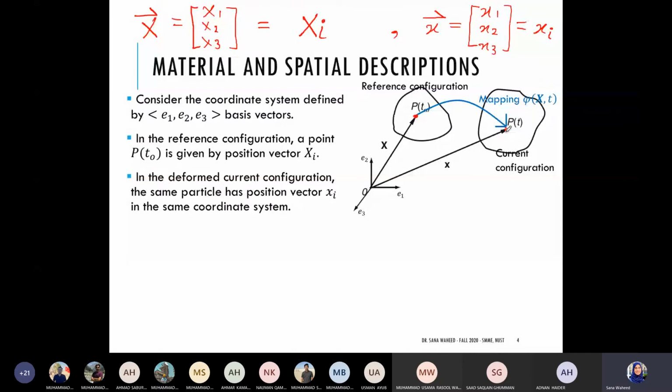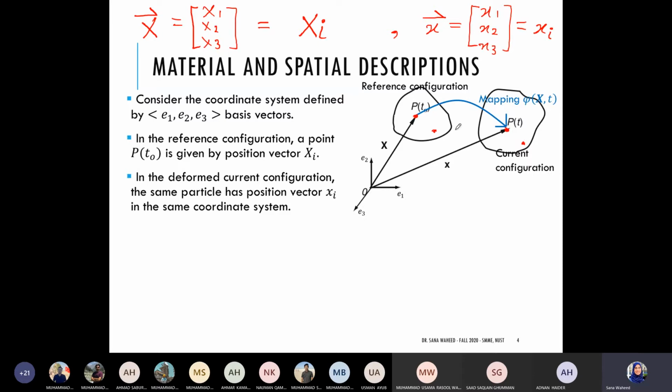Now if I'm looking at another point, maybe somewhere here, then that would still be represented as X, capital XI. सिर्फ उसके जो अंदर के components होते, जो values होती, they would have been different. ठीक. और वही values अगर मैं इस mapping के अंदर plug in करती, तो मुझे उस particle की जो कि उस position in space में lie कर रहा था, अब उसने कहाँ जाना है वो पता चल जाता, उसका small x पता चल जाता.